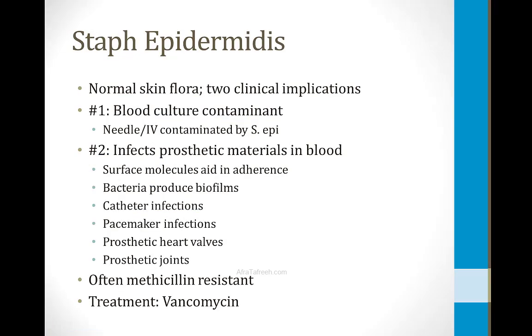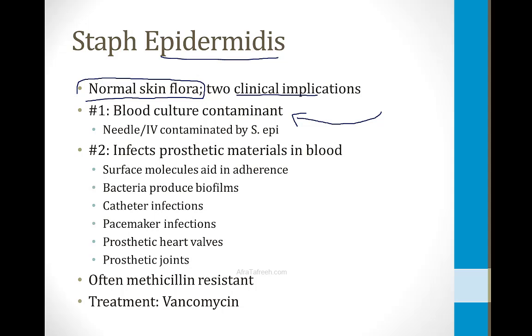Now let's talk about the other two types of staph besides Staph aureus, and we'll start with Staph epidermidis. Staph epidermidis is a normal skin flora. It's found on everyone's skin, and it normally doesn't cause any type of illness except in two clinical situations. The first situation is that it's often a contaminant of blood cultures. When you draw a blood culture to look for bacteremia, you have to stick a needle into the vein and withdraw some blood and send it to the lab.